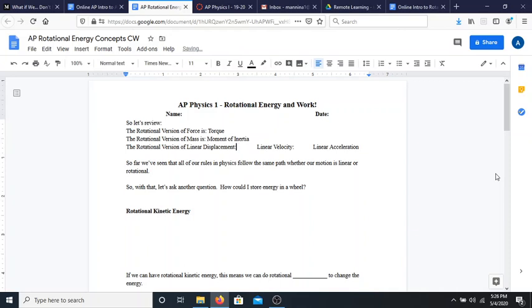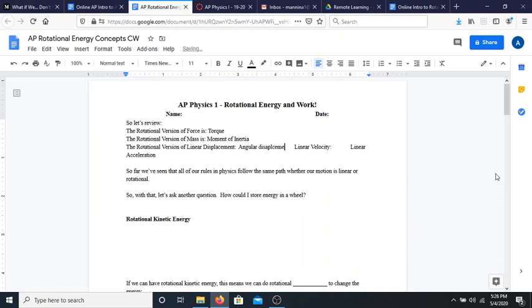Now, going down the line, rotational version of linear displacement. Oh my gosh, congratulations. It's angular displacement. Wow, that's pretty wild. And of course, going through the other ones, linear velocity is angular velocity, which is represented by that little omega, that curly W. Linear acceleration, angular acceleration, which is represented by alpha, or that little fish symbol.